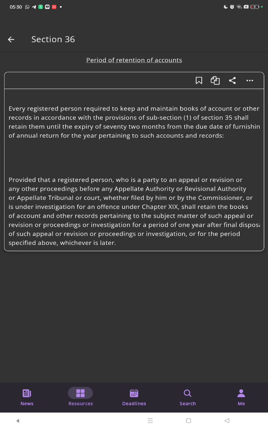Provided that the registered person who is a party to an appeal or revision or any other proceedings before any appellate authority or revisional authority or appellate tribunal or court, whether filed by him or by the commissioner, or is under investigation for an offence under Chapter 19, shall retain the books of accounts and other documents pertaining to the subject matter of such appeal or revision or proceedings or investigation for a period of one year after the final disposal of such appeal or revision or proceedings or investigation, or for the period specified above, whichever is later.